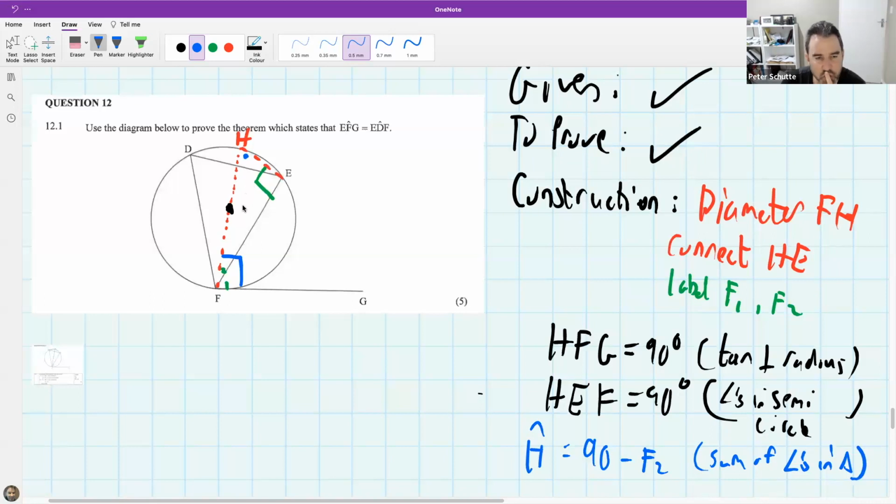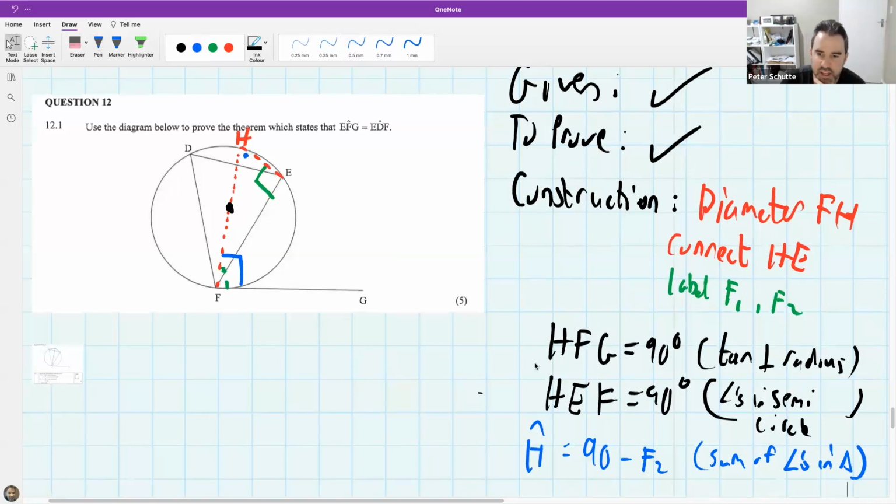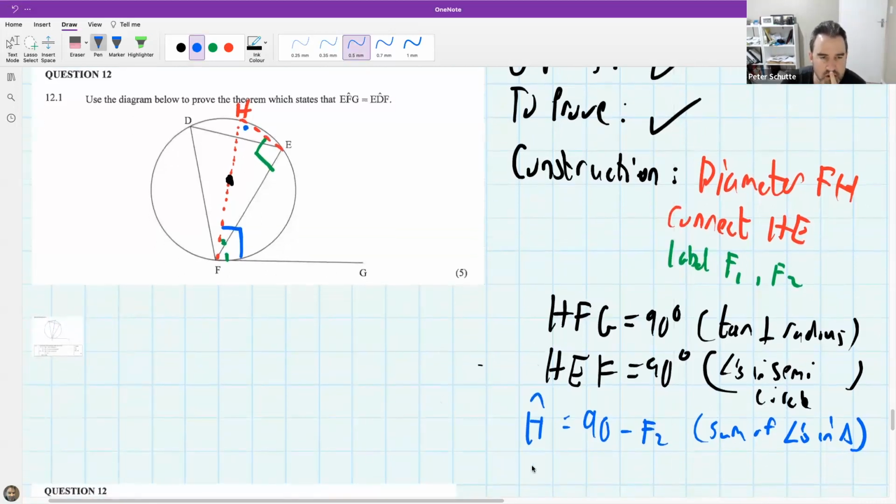And then I also think that angle F1, which is down here, or EFG, is equal to 90 minus F2.